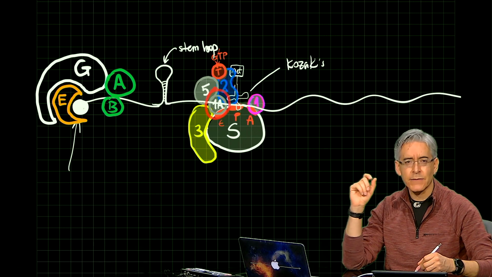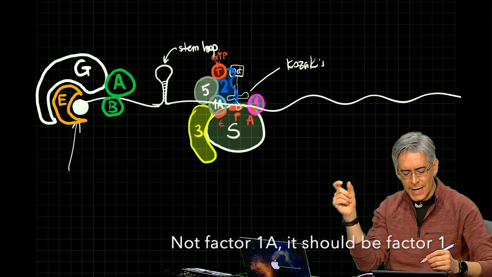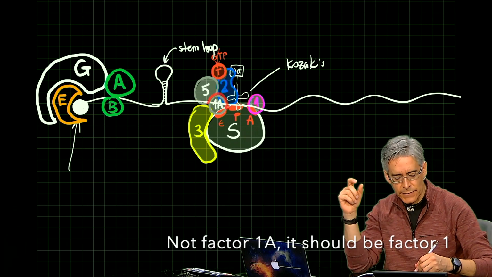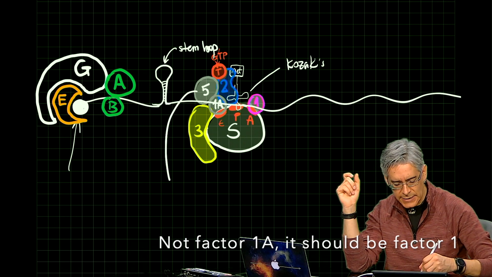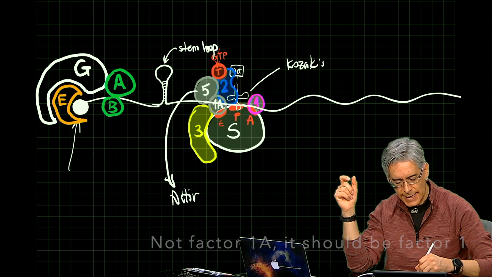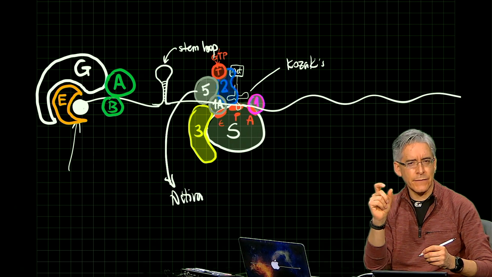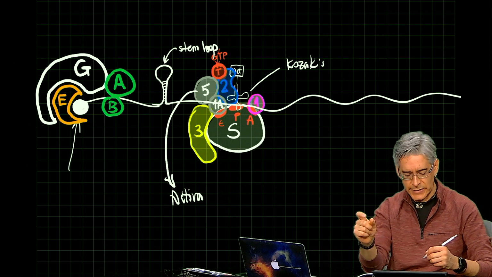So that will be factor 1A and factor 5. Factor 5 will be sensing that through factor 1A, and the moment that factor 5 senses that change, it will be activated, allowing it to recognize that the tRNA is now on top of the proper Kozak consensus sequence.